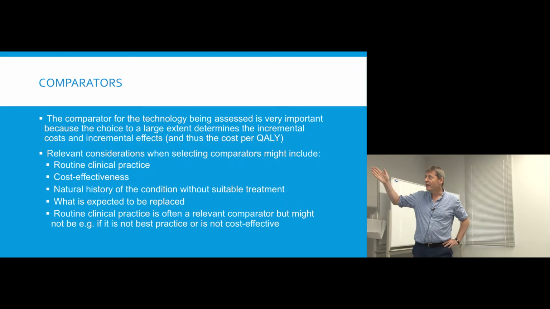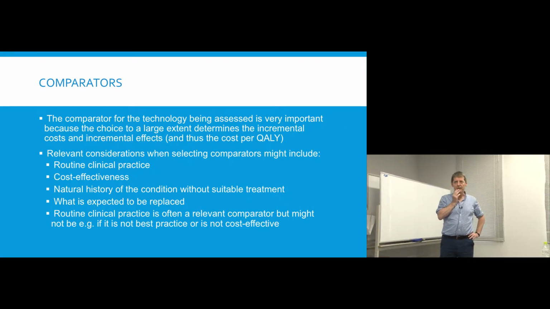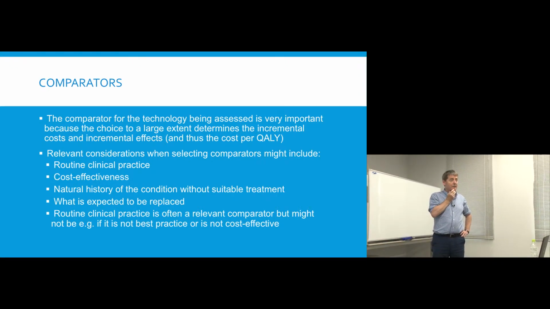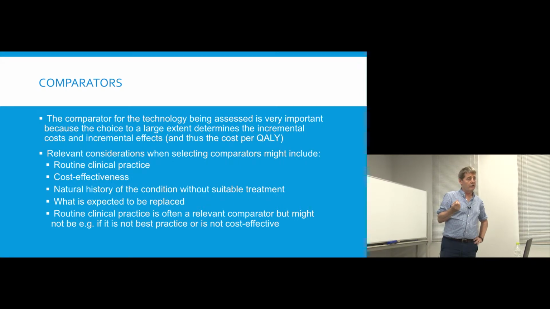There's a number of considerations to be made when you're thinking about suitable comparators. An obvious potential comparator might be routine clinical practice. In many cases, it is the obvious comparator because you've got some new treatment that you're thinking of introducing. And so what to compare it to?